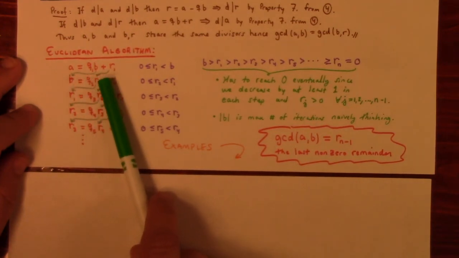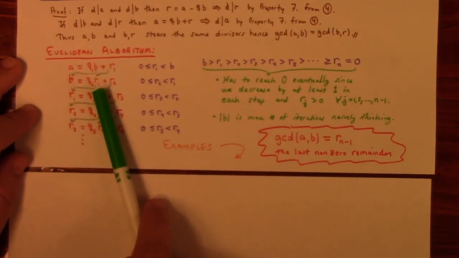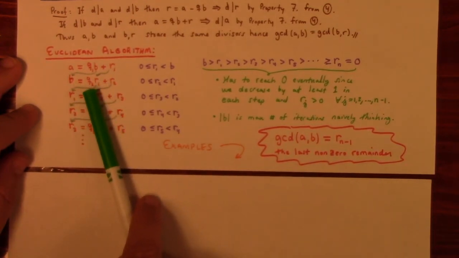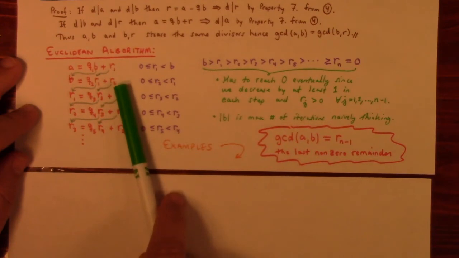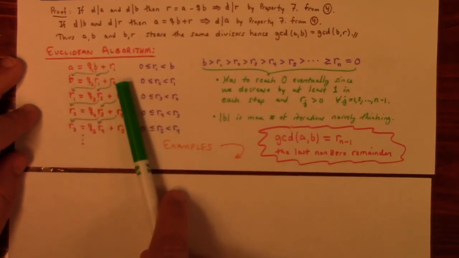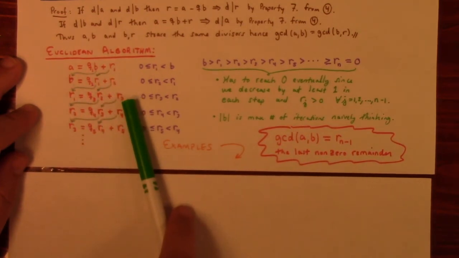A is equal to Q1 B plus R1. Then we move B down here and move R1 down there. We divide B by R1. So B divided by R1 gives me a Q2, a second quotient and a second remainder. And then I move the first remainder down here, and I divide the first remainder by the second remainder, and that gives me a third quotient and a third remainder.